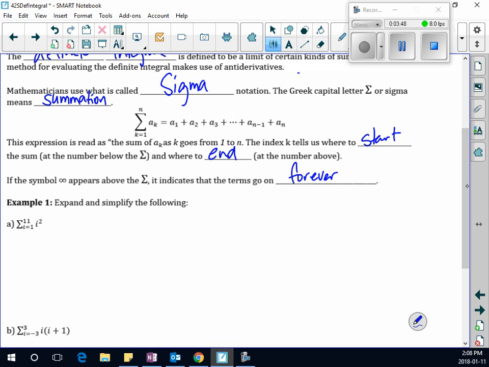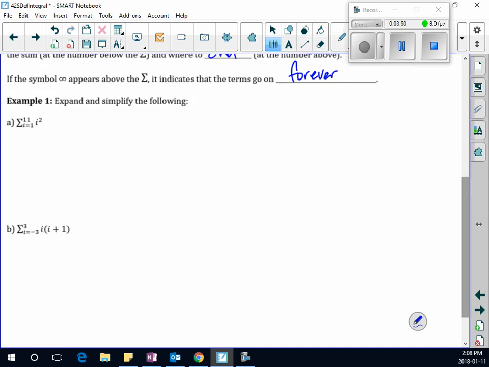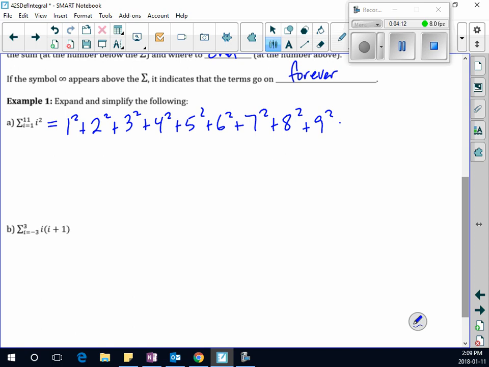So anyways, we're going to expand the following. If you've never seen sigma notation, you might not know how to do this. We're starting at 1 and ending at 11, subbing it in, and sigma means added up. So we're adding up 1 squared plus 2 squared plus 3 squared, and so on, up to 11 squared.